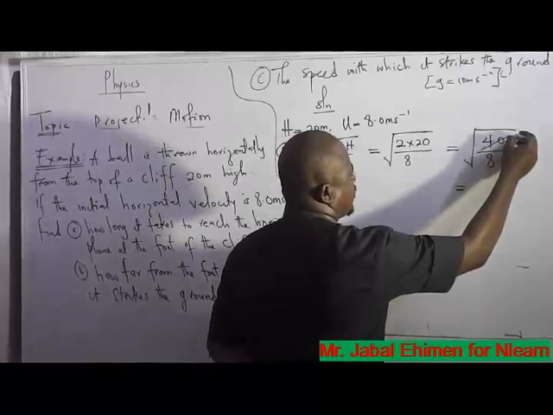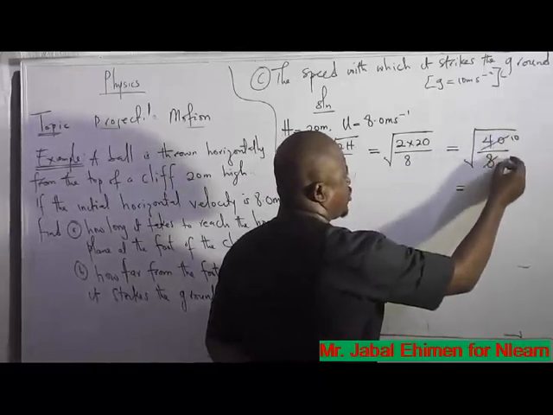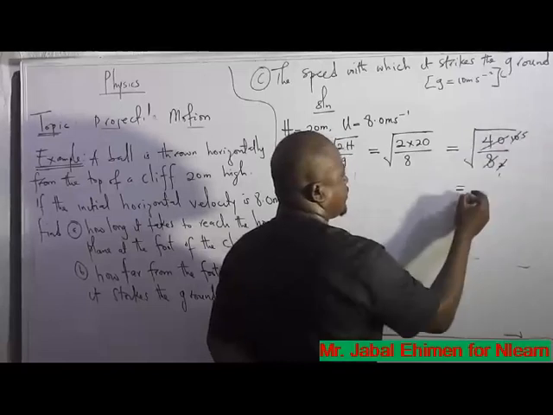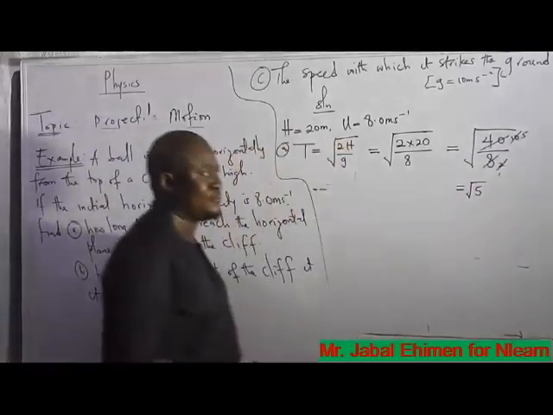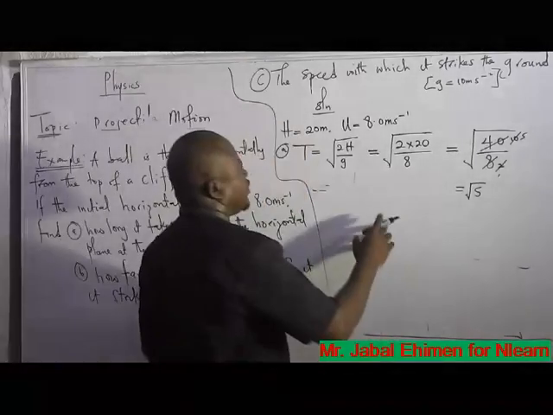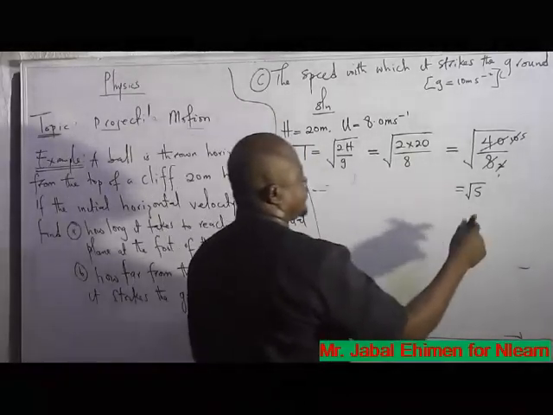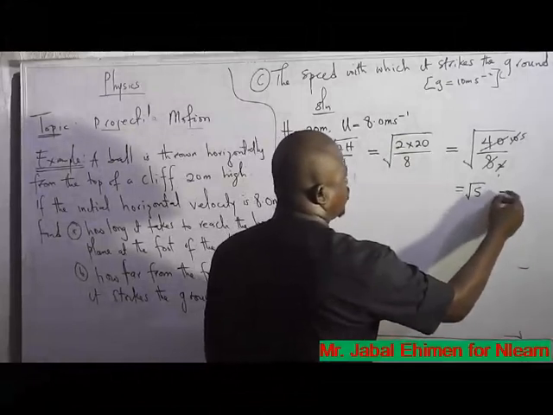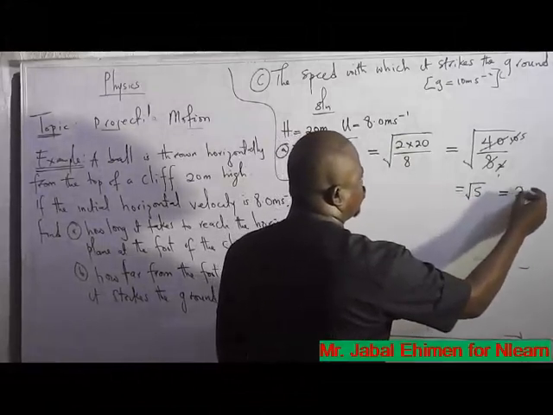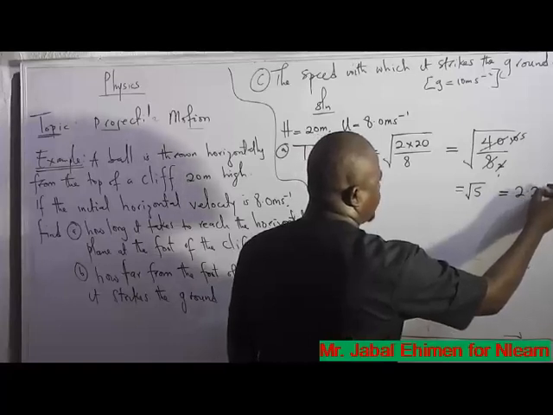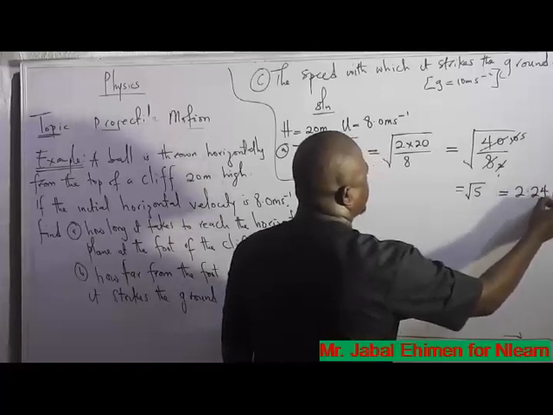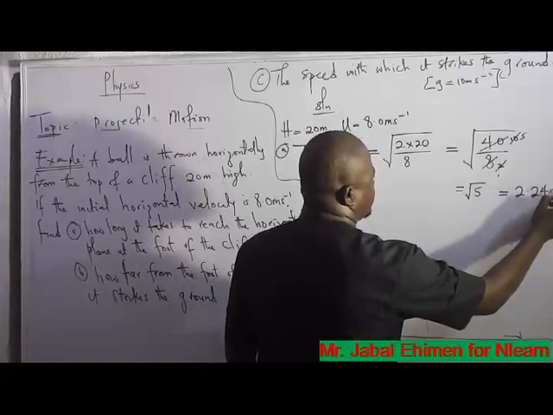If 4 goes here, you have 10, and if 4 goes here, you have 2, that gives the square root of 4, which is approximately 2 seconds.